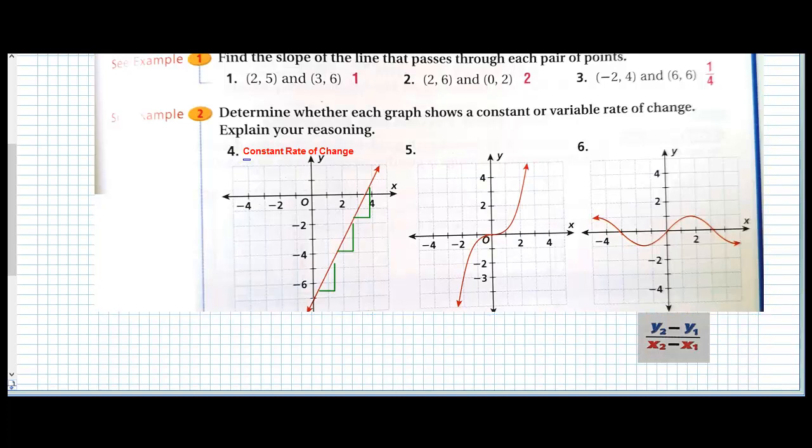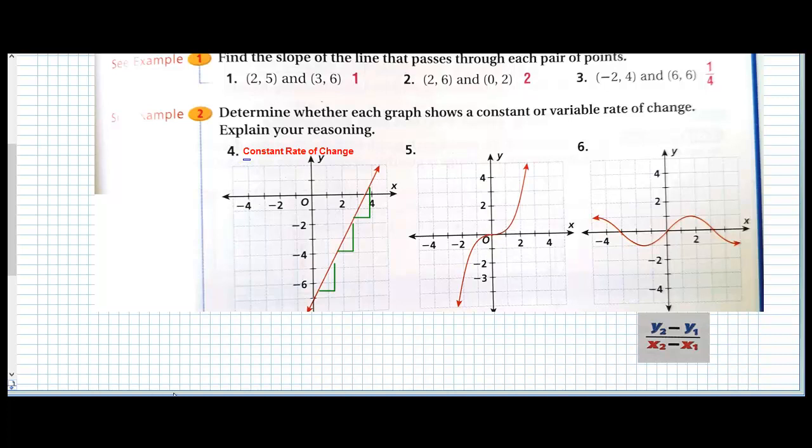Here in question 5, let's see whether the rate of change or the slope is different on the line or not. You can see that in this part we have a constant line. This part we have a constant line. But in this area, it's not the same. In this area, the slope will be 0 because it's parallel to x.